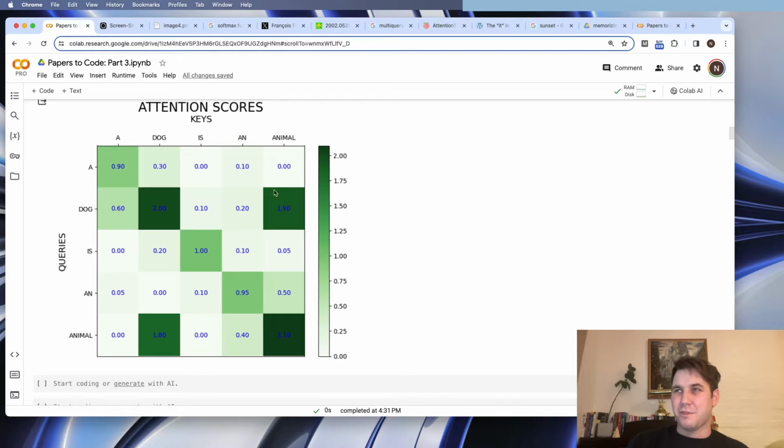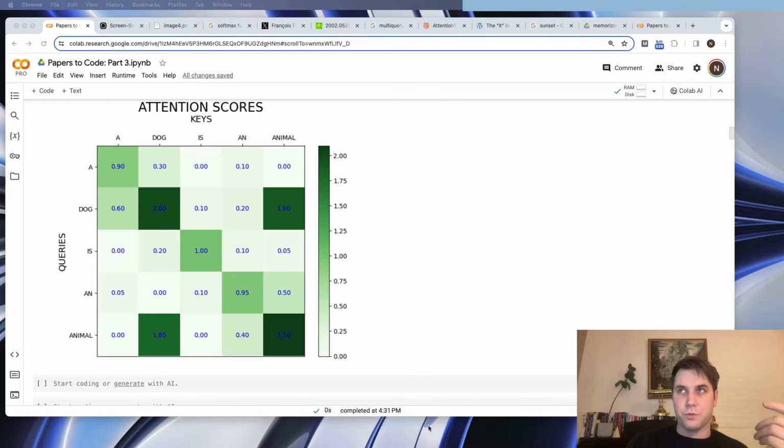But "a", for example, attends to "an". We want to set all of these to 0. We don't want "a" to see anything in the future. And so we set these not technically to 0, but to negative infinity. That's because we're going to feed it through softmax, and softmax will take anything that's very, very small and turn it into 0 for us. So we want to turn all of these upper triangle values very small, feed them into softmax, and the result is that these will all turn into 0.